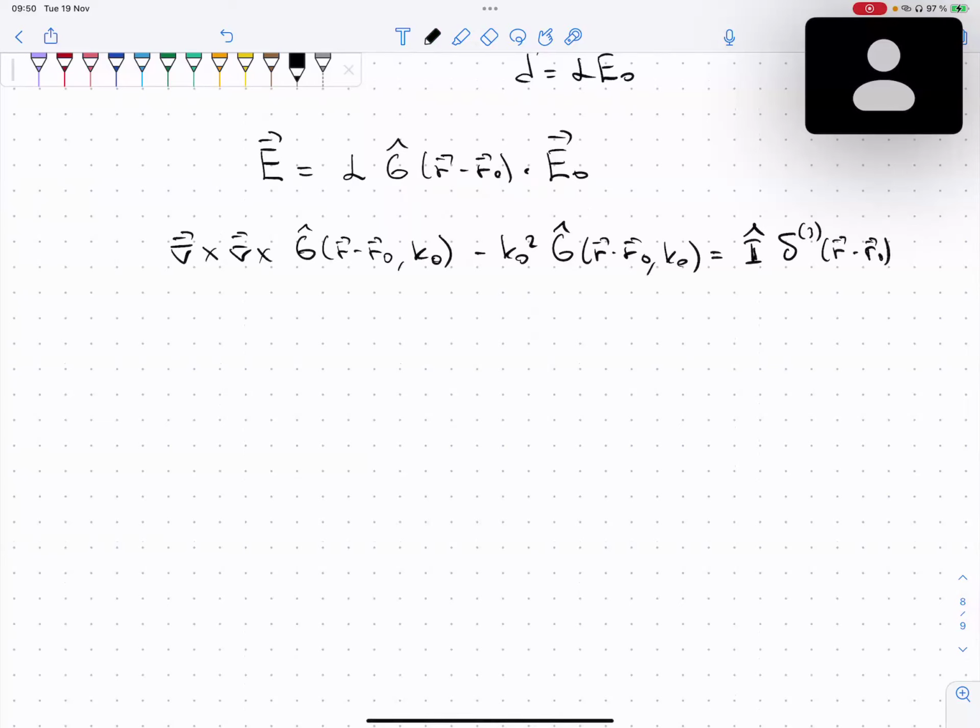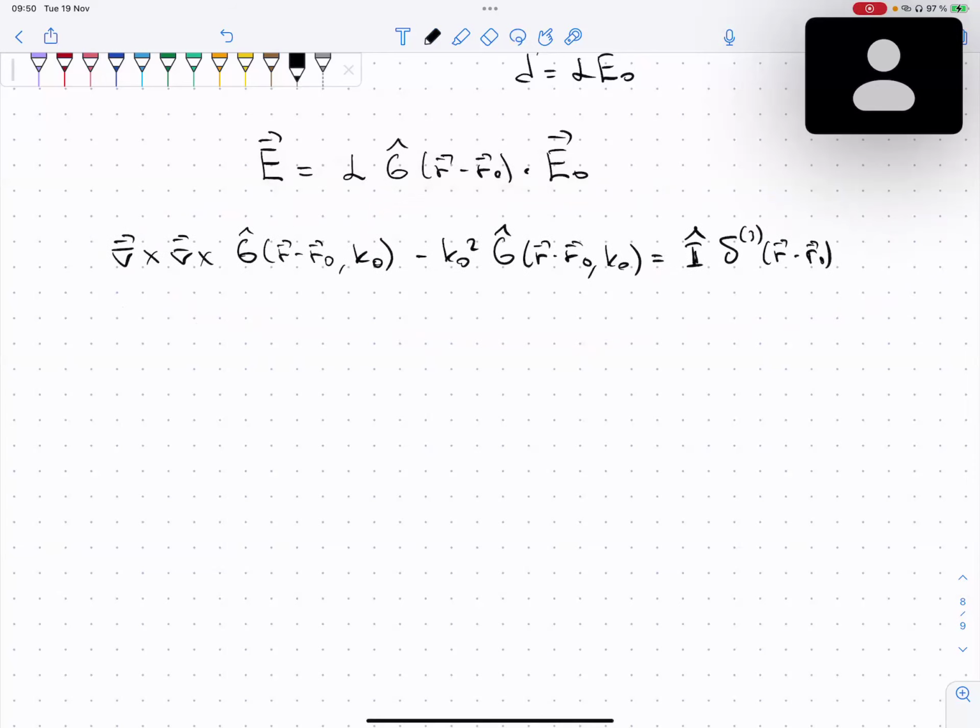Just to be sure, are you familiar with this dyadic green function and all of this stuff? Are you familiar with this equation, or do I need to explain it?